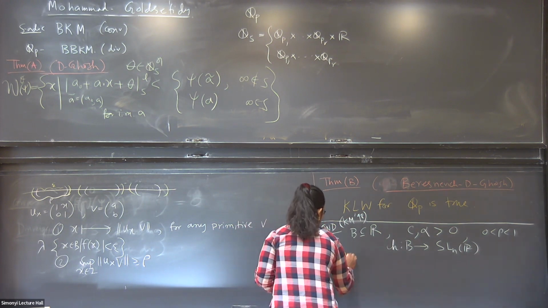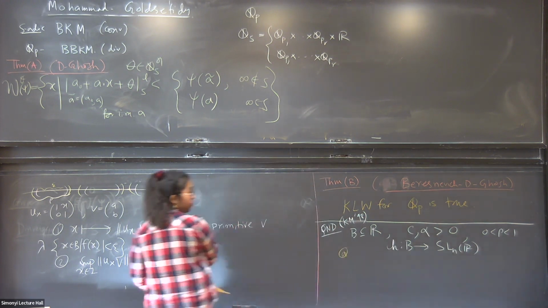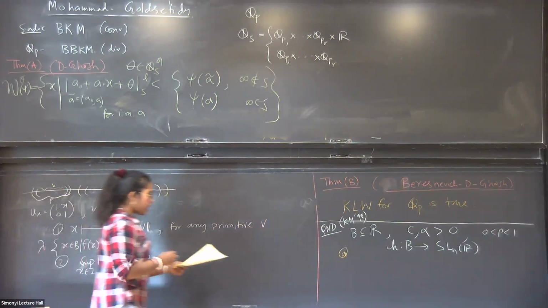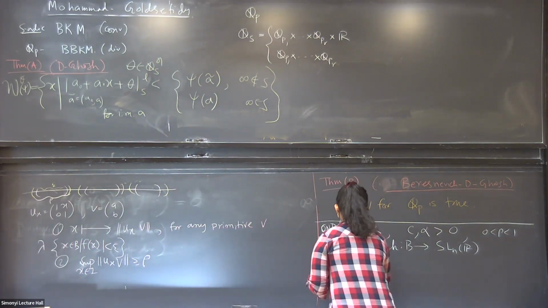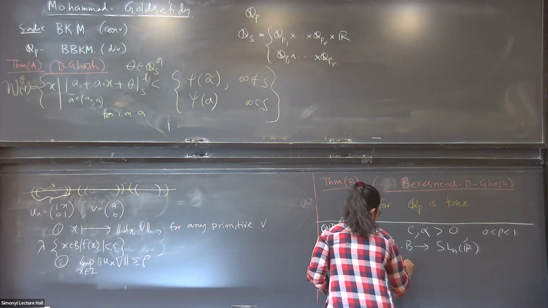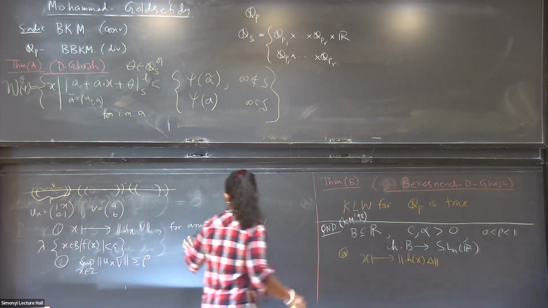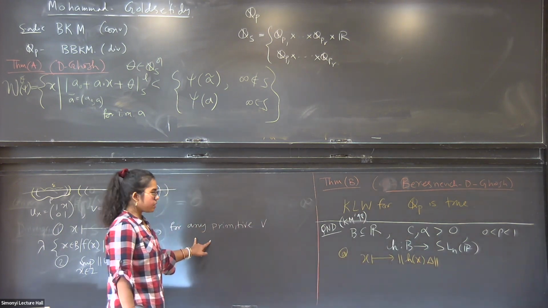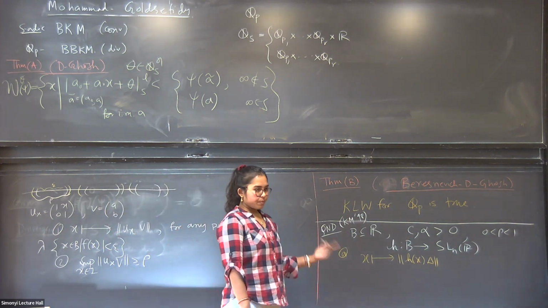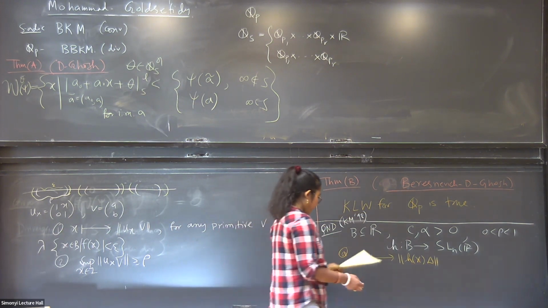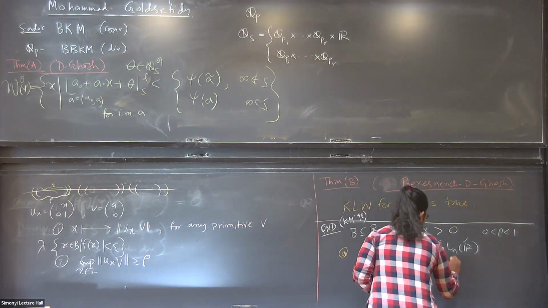So h should be exactly the same as this one here, the function x going to h_x delta. Now delta was, in this case, primitive vectors, which are the short vectors. You can also talk about primitive subgroups. So this should be good.